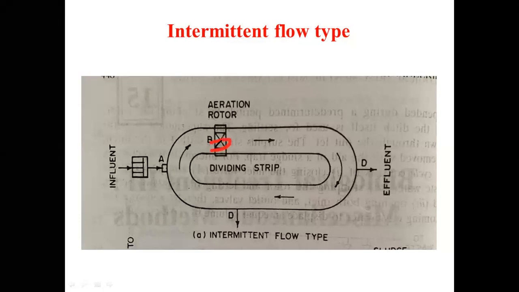When rotating, it will push the material forward. At the same time, it will keep the sewage in suspension and also mix atmospheric oxygen into the sewage. So multiple activities can be performed, and that's why we construct it in an oval shape. It will help to make it into suspension form.